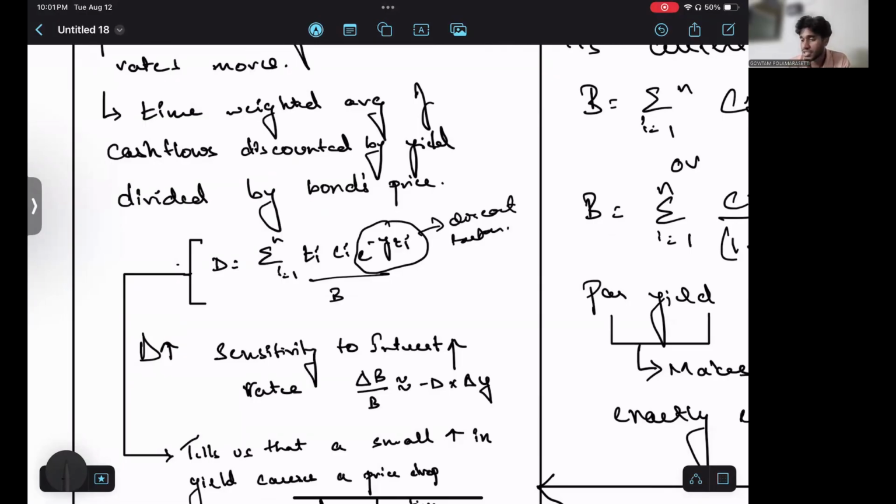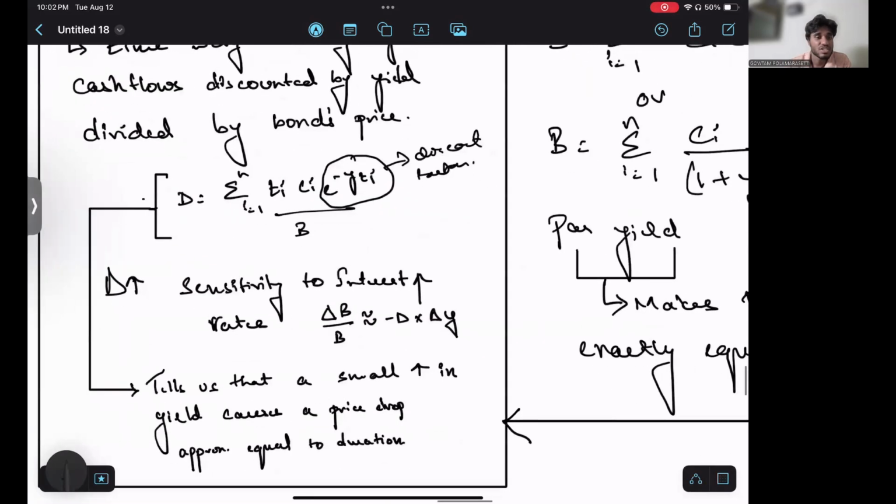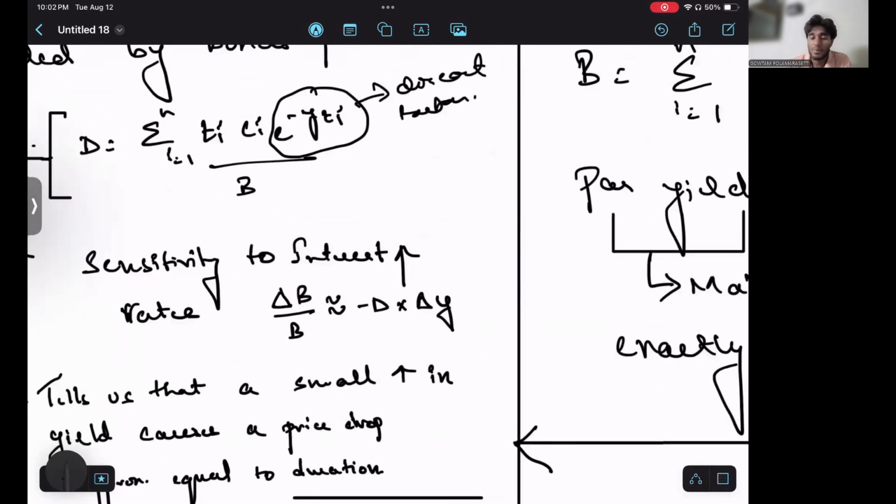Now, from this equation, we can infer that the rate of price change of a bond is approximately equal to the product of minus duration times the change in yield.